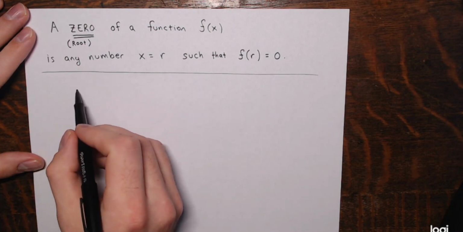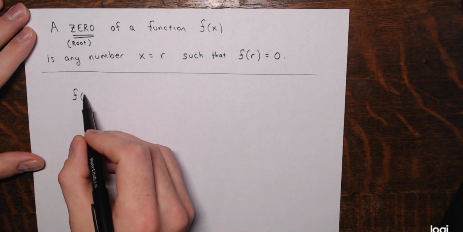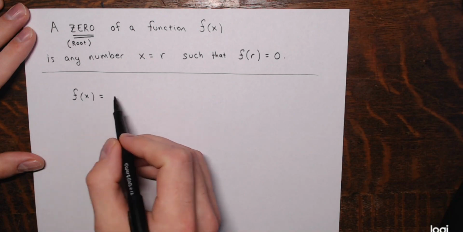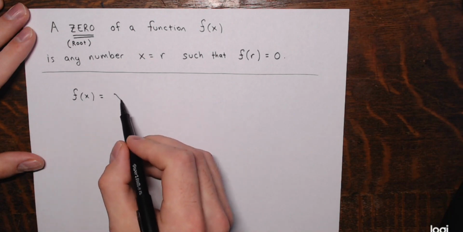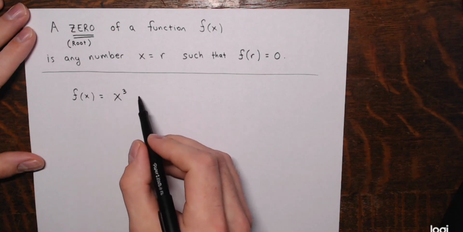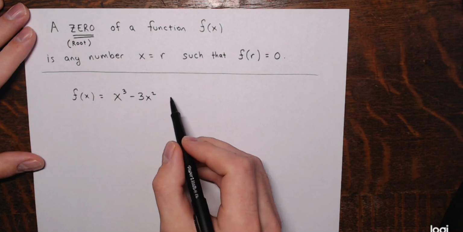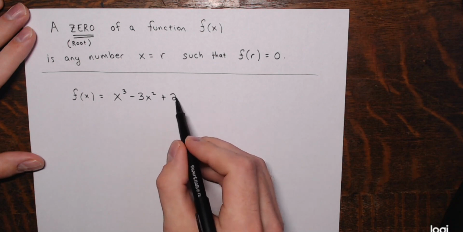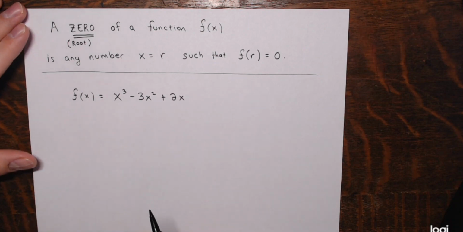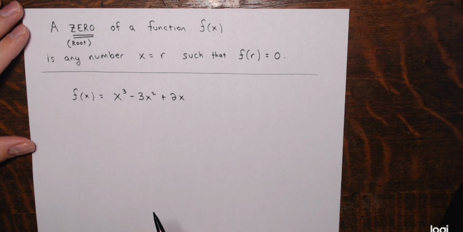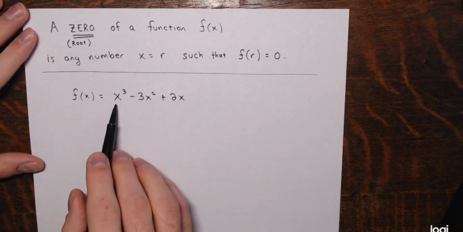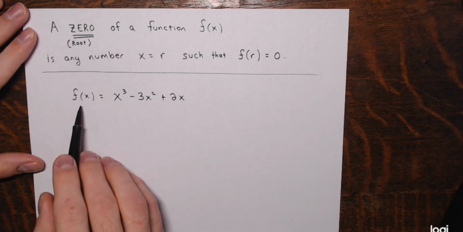So this example they're giving us, they have a polynomial function f of x equals x cubed minus 3x squared plus 2x. They're asking us to find the zeros of this function. Find the numbers that you can plug in for x here to make f of x equal 0.